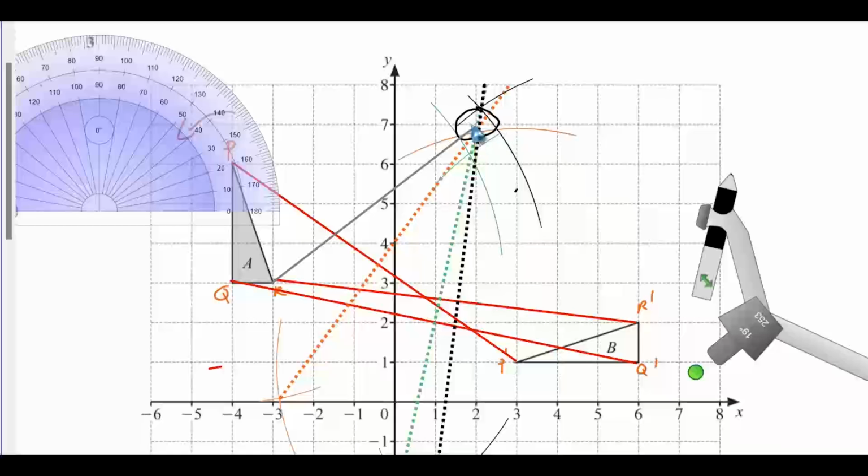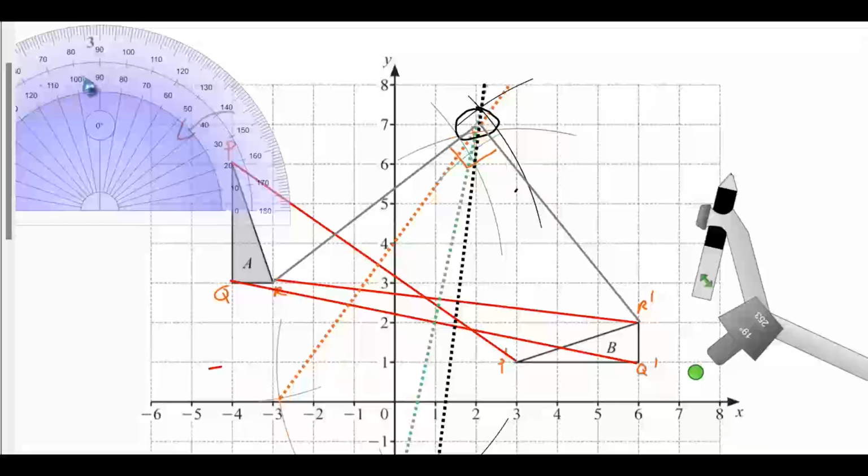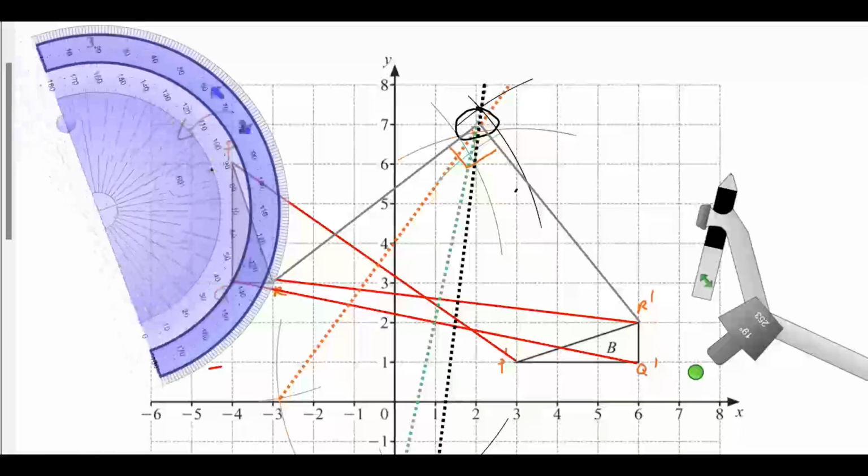Then we also draw from the center of rotation to the corresponding point, which is R prime. Here, it is obvious that it is 90 degrees, without measuring it. Look at it, it is obvious.